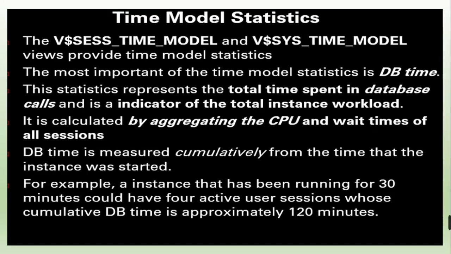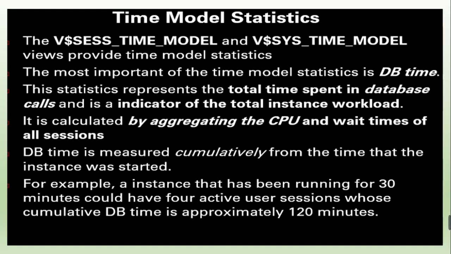Time model statistics. The V$SYS_TIME_MODEL and V$SESS_TIME_MODEL views provide time model statistics. The most important of the time model statistics is DB time. This statistic represents the total time spent in database calls and is an indicator of the total instance workload. It is calculated by aggregating the CPU and wait times of all sessions.